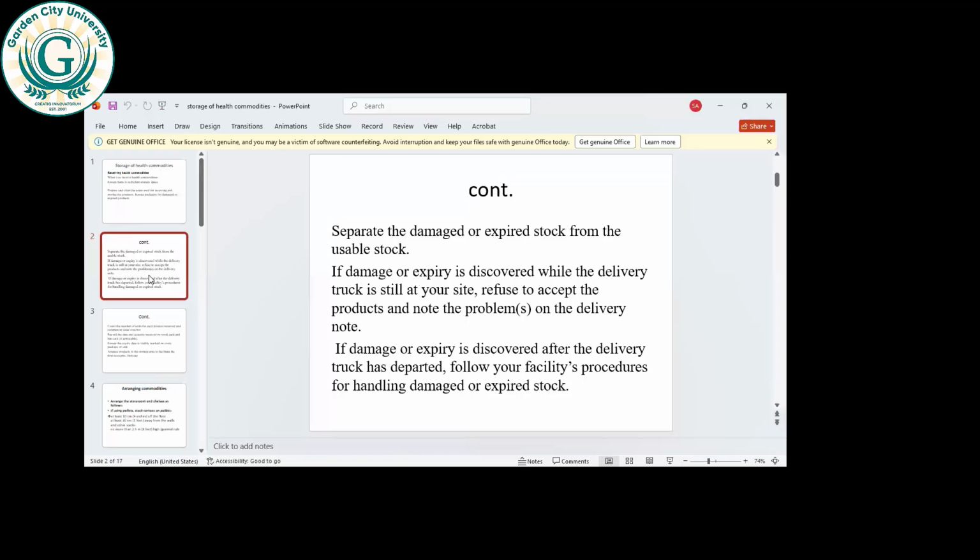But I know that there are also instances where you accept them, but you'll be given a delivery note where you indicate the quantity of stocks that you have received, those that you have rejected, and the reason why those items will not be accepted.